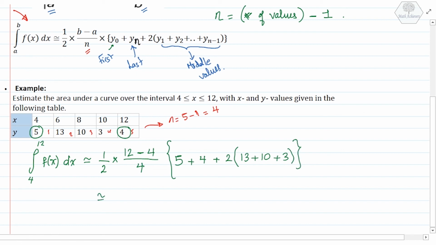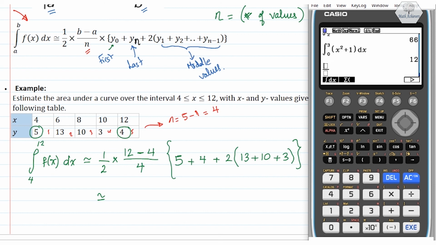So the area now is approximately equal to, I use my graphical display calculator to find its value. I have half times 12 minus 4 over 4, and I open a big bracket because this is times also 5 plus 4 plus 2 times another bracket 13 plus 10 plus 3.